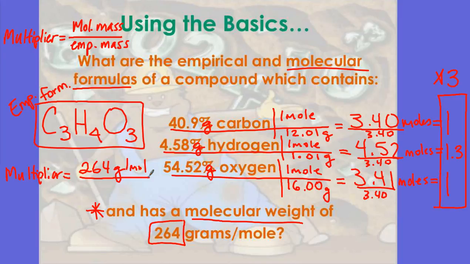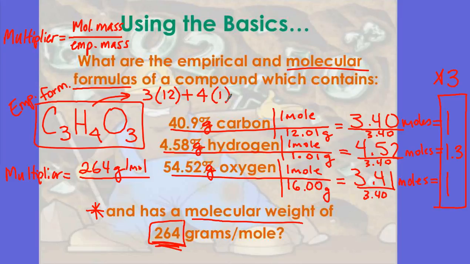How do I calculate the mass of my empirical formula? I need to take 3 carbons, or 3 times 12. Again, let's simplify things and just keep them whole numbers, since this mass is given to us as a whole number, plus 4 hydrogens.